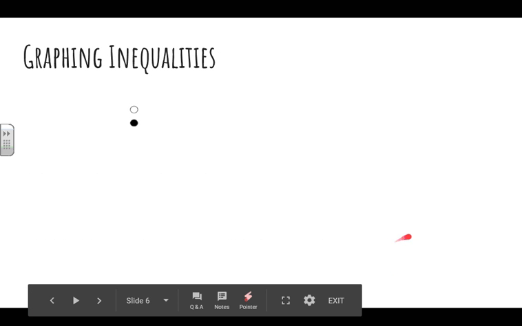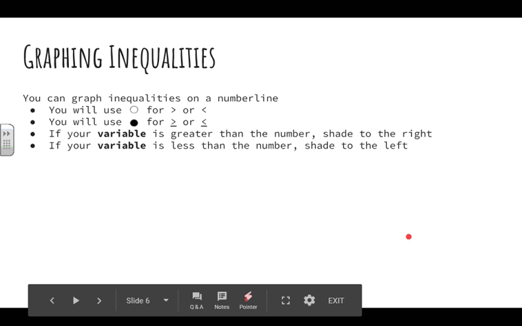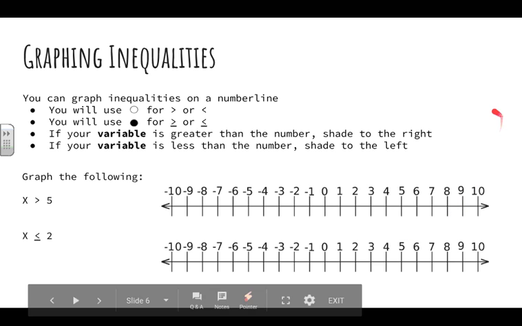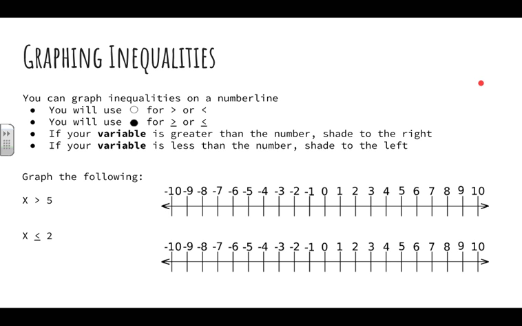Let's talk about graphing inequalities. In order to do this, we use a number line. We're going to use circles, and we are going to shade our number line in one direction or another. We use an open circle for greater than or less than, and we use a closed circle for greater than or equal to or less than or equal to.